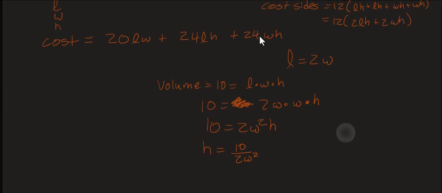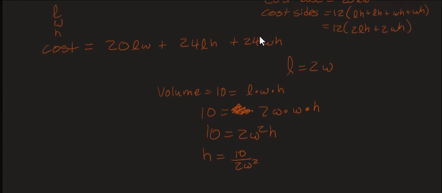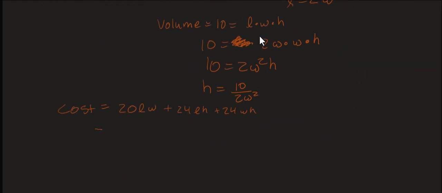Alright, now let's go back to our cost function and plug in everything in terms of W. Cost equals 20LW plus 24LH plus 24WH. That would be 20 times 2W times W, plus 24 times 2W times 10 over 2W squared, plus 24 times W times 10 over 2W squared.